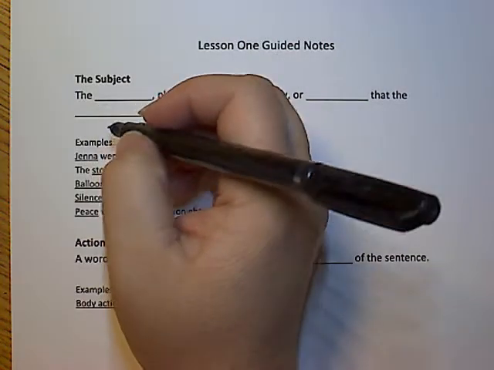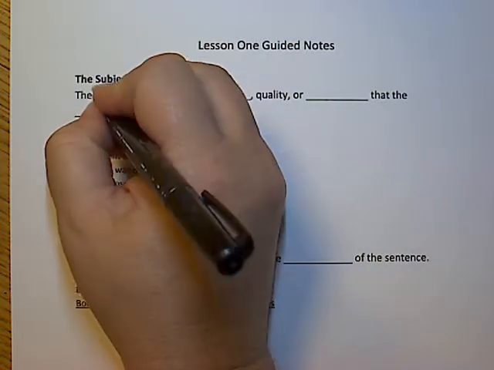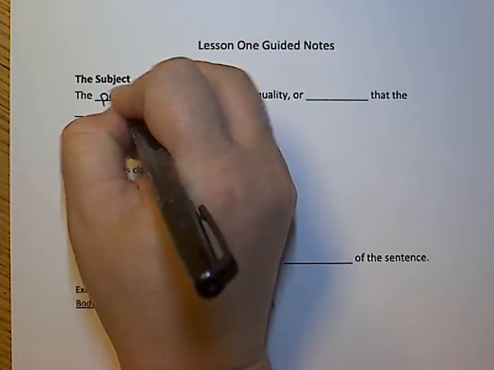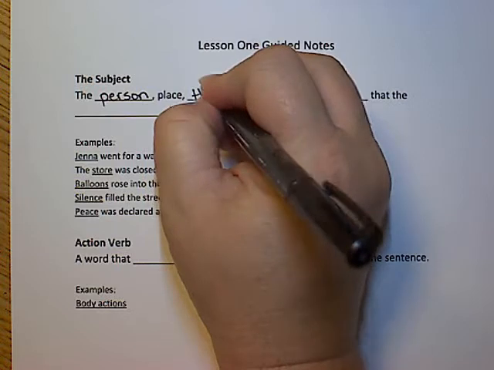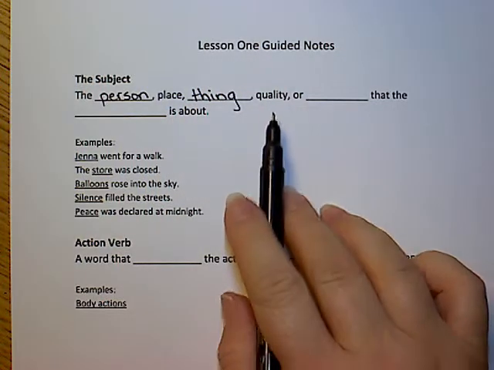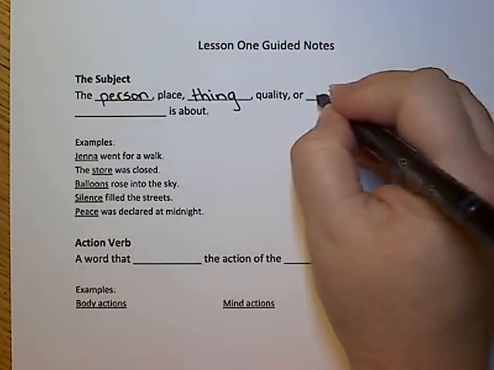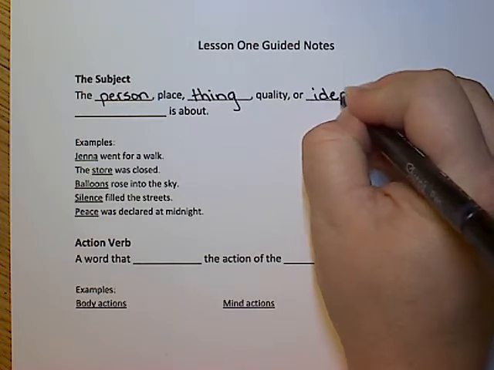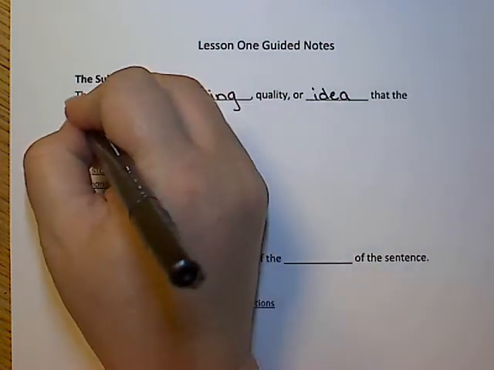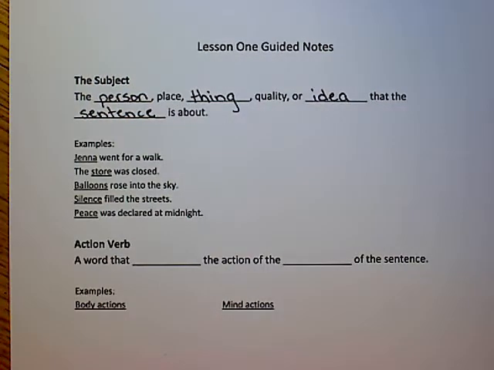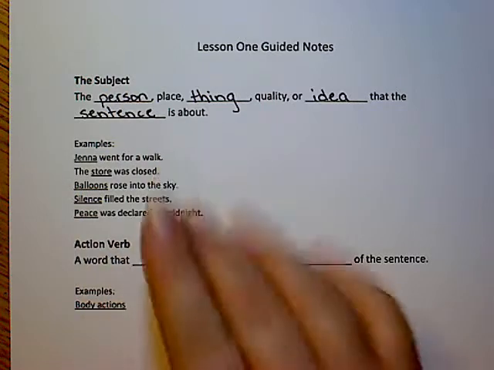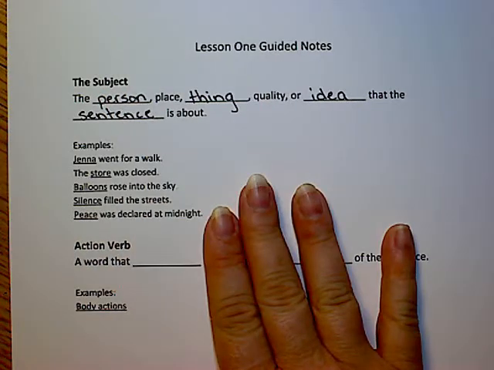The subject of a sentence is the person, place, thing, quality, or idea that the sentence is about.